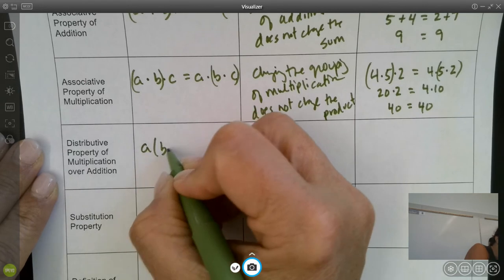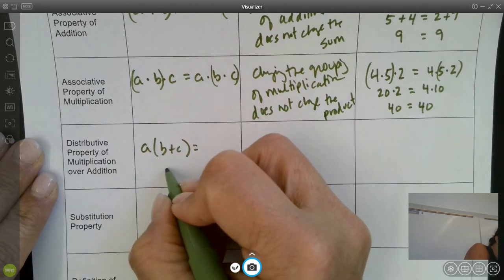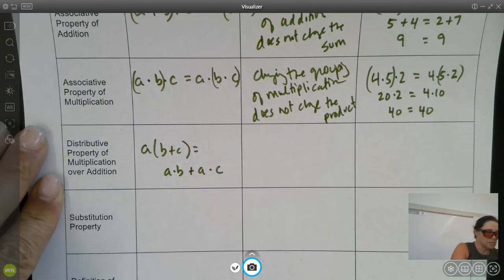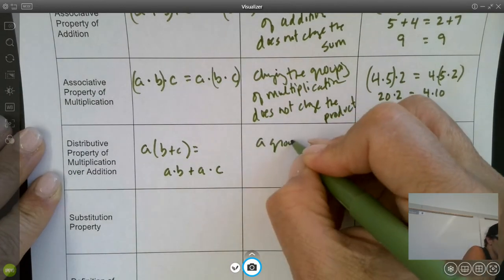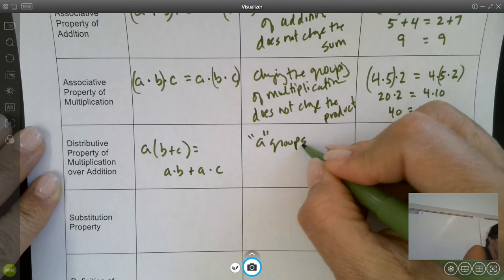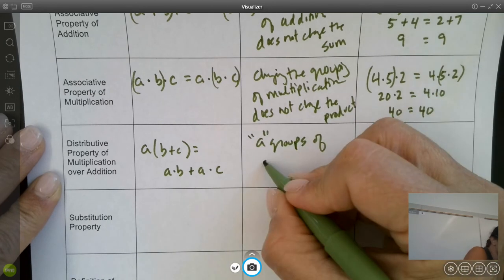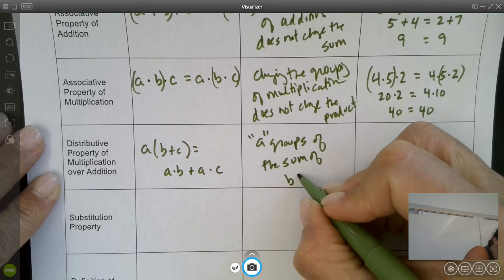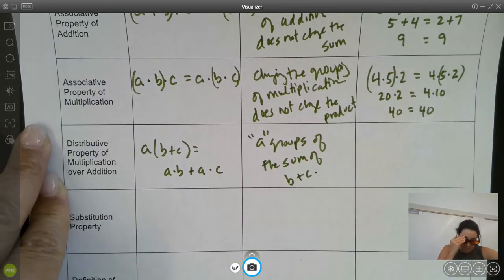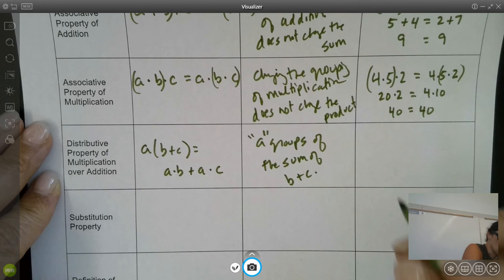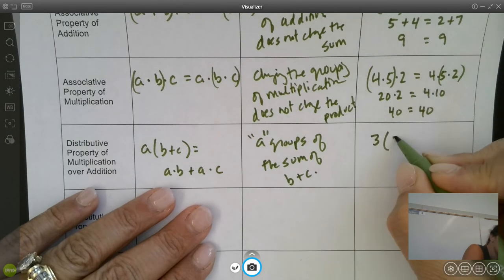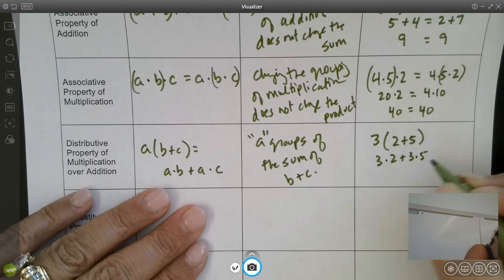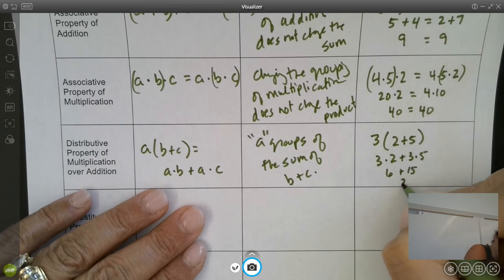So A times (B plus C) equals A times B plus A times C. So this means A groups of the sum of B plus C. So let's do 3 times (2 plus 5). So 3 times 2 plus 3 times 5 would be 6 plus 15, which is 21.